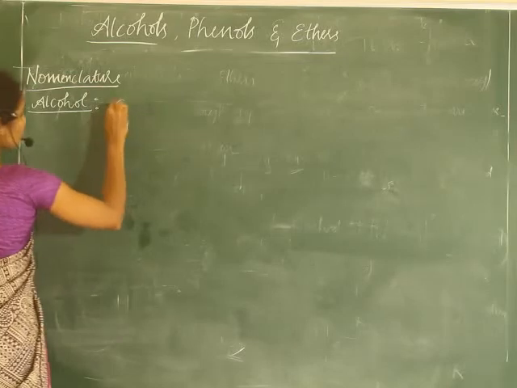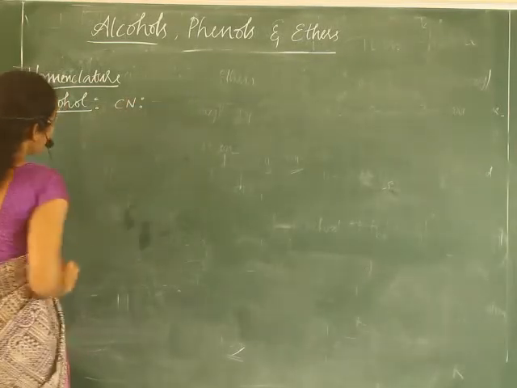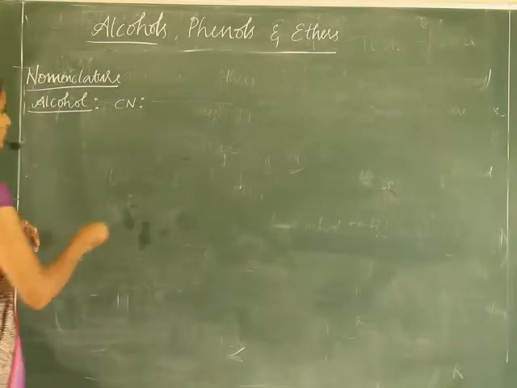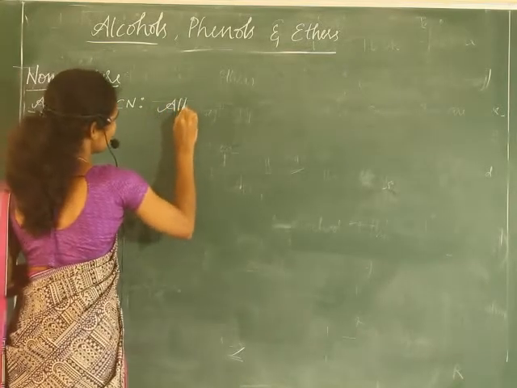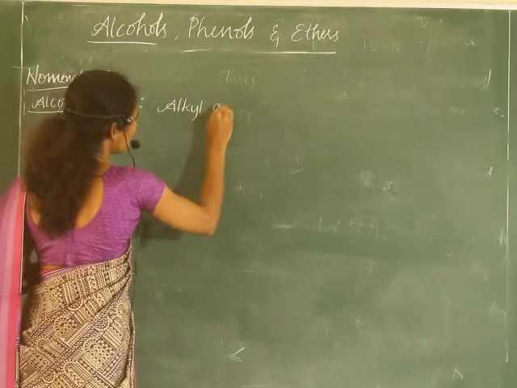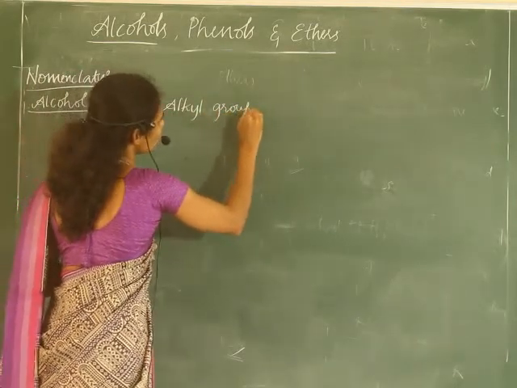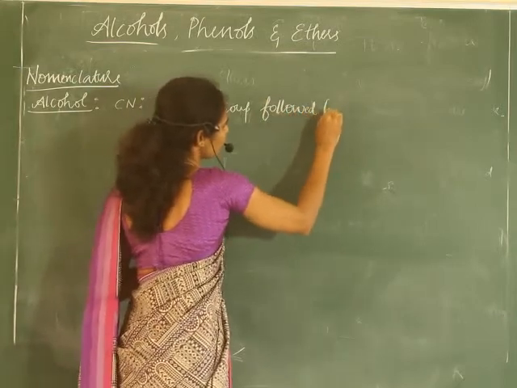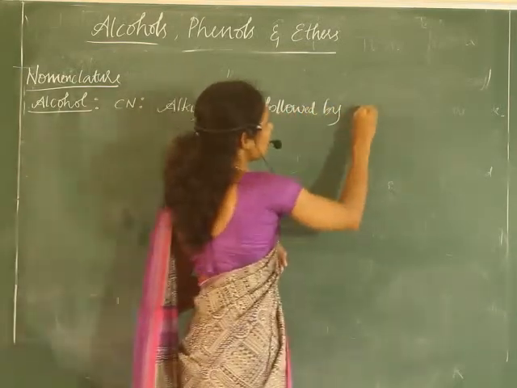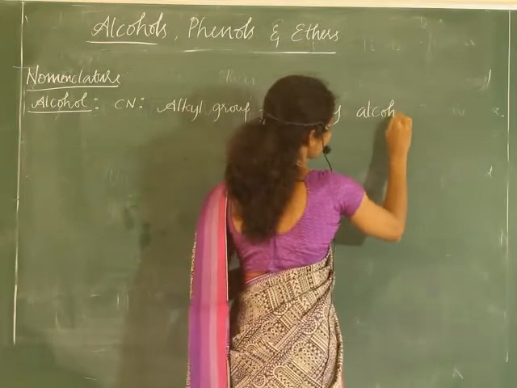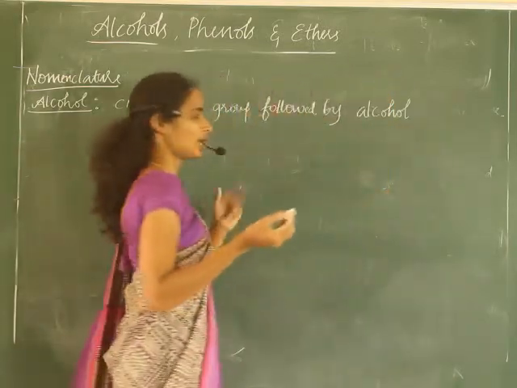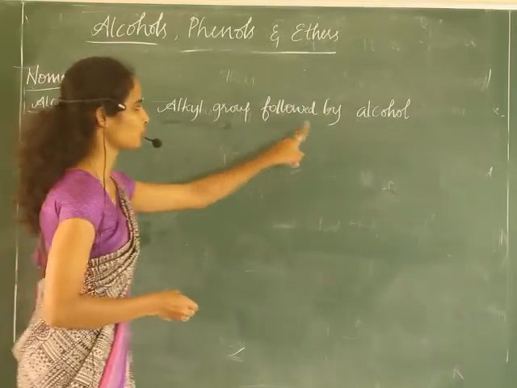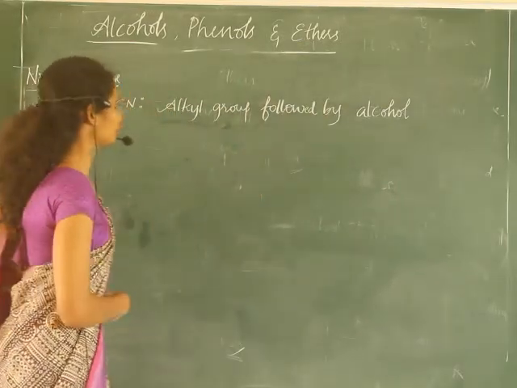In the common system of nomenclature, alcohols are named as, first we have to write the alkyl group followed by alcohol. Okay, I'll give an example and explain. First we'll write the alkyl group followed by alcohol.